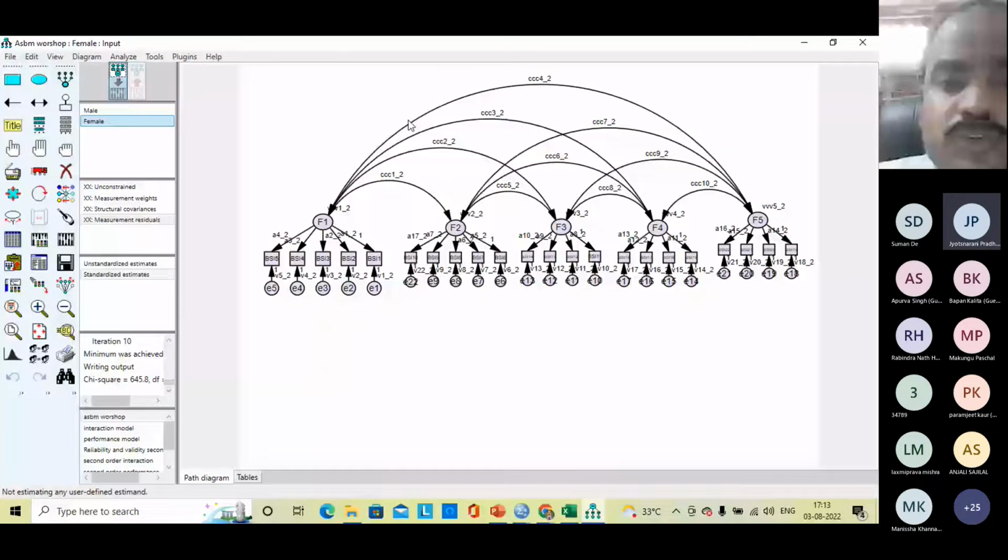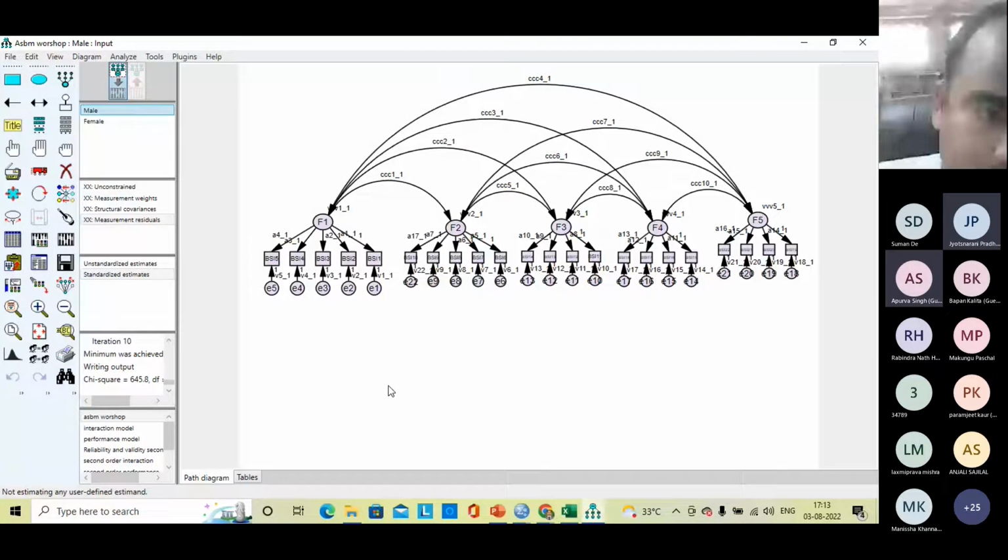For the female it is written A_2, and for the male it is written A4_1. So AMOS could know that there are two different constraints for male and female.